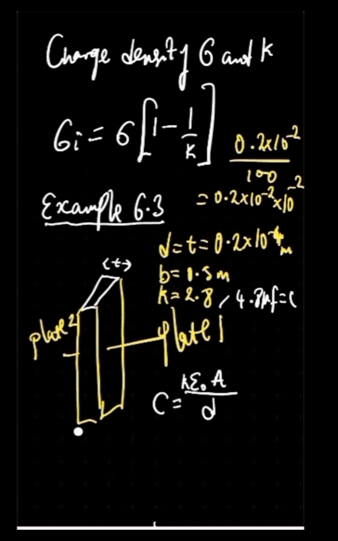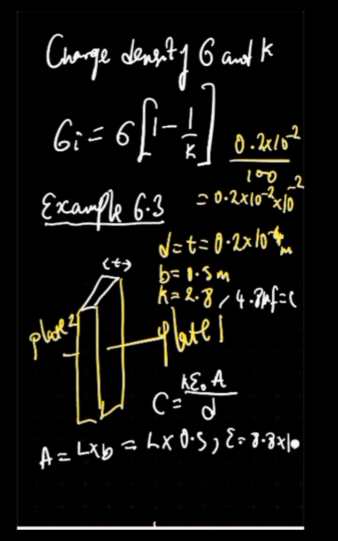So to calculate, area is equal to length times breadth, right? And the length is not given. The length is what we are looking for, but the breadth is 0.5. Epsilon of free space, we already know the value to be 8.85 times 10 raised to power minus 12. Then the D here is 0.2 times 10 raised to power minus 4 meter.